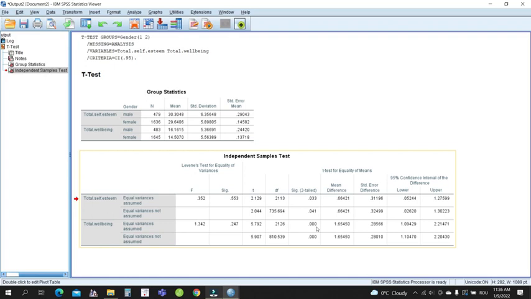In other words, male adolescents have a higher level of well-being than female adolescents.